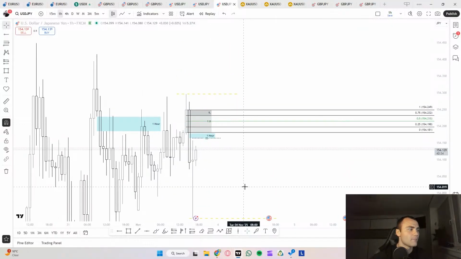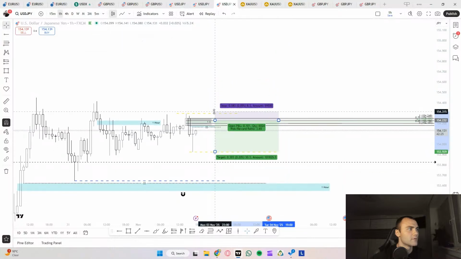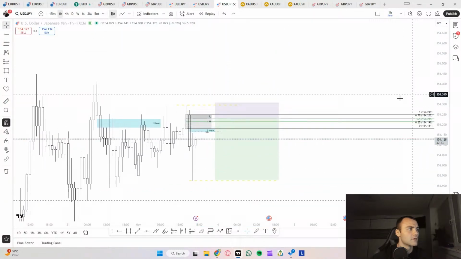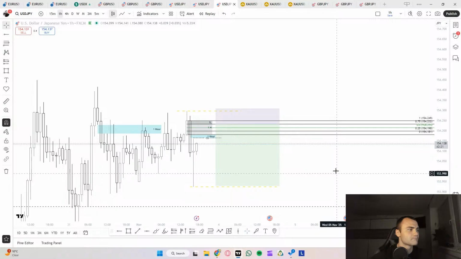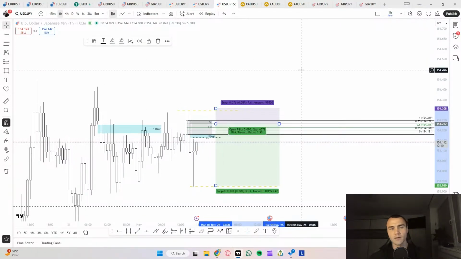So most probably, whoa, damn, we're gonna chop around until this level until tomorrow, and tomorrow we're gonna reach this level and then see some confirmation in our direction.